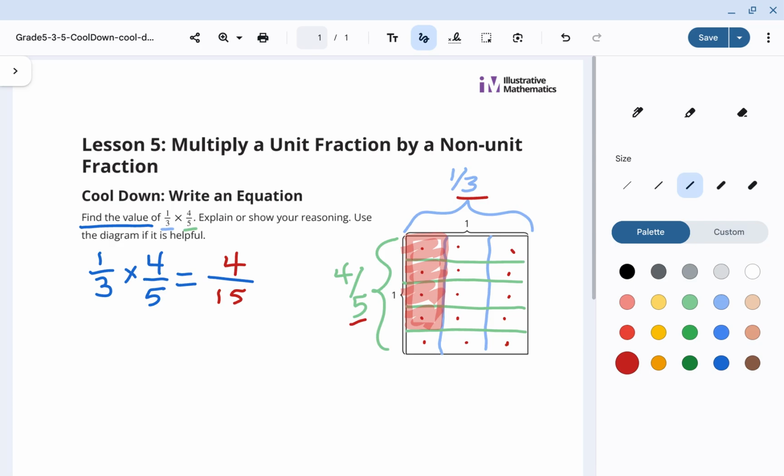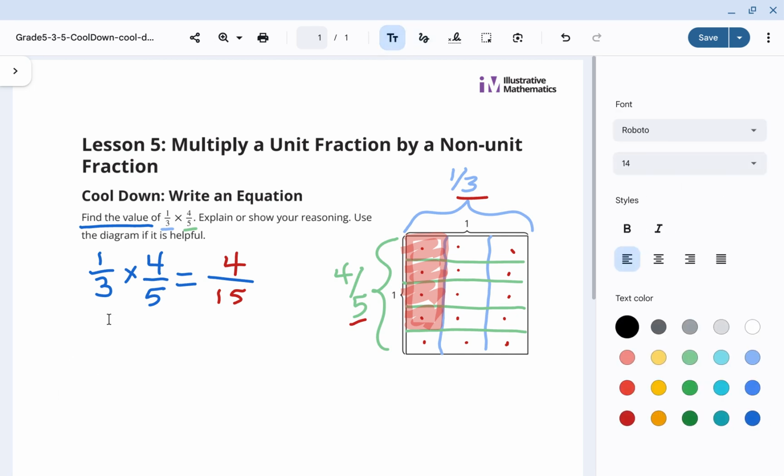Now, boys and girls, we have created a model so that we could take a look and see exactly how we could utilize this whole to create a diagram to show our answer. But we do need to make sure that we explain or show our reasoning. The diagram is a great way to show it, but let's also give just a sample response here.